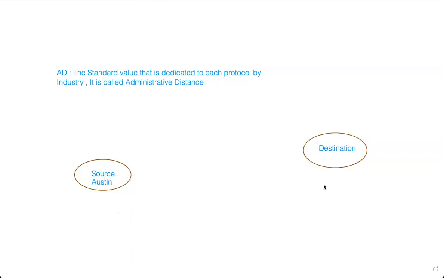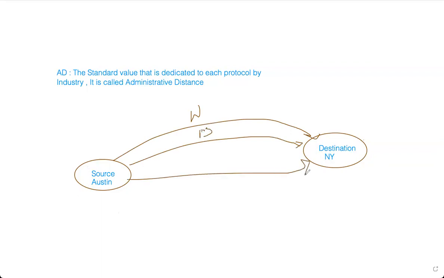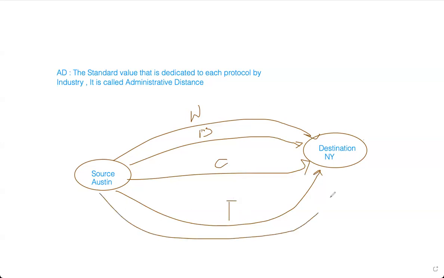You are trying to go to New York. So there are multiple ways to go there. One, you can walk. Two, you can bicycle. Three, you can go by car. Four, you can go by bus, or you can go by train. Five, you can fly on an airplane, right?